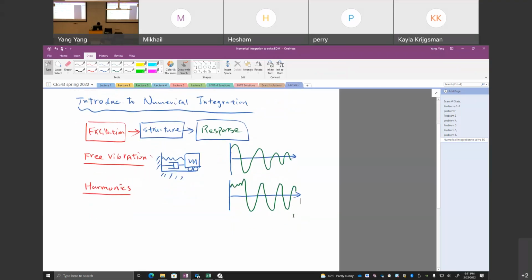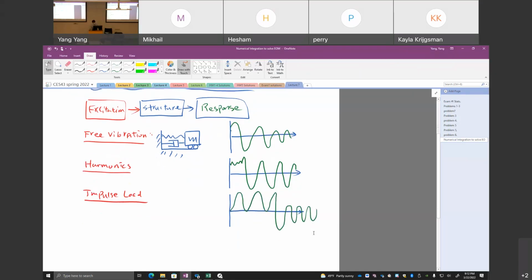And for impulse load with a regular shape, such as rectangular, ramp, sine, or cosine impulse, or a step load, we should also be able to find the response.